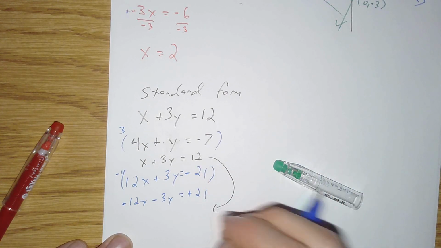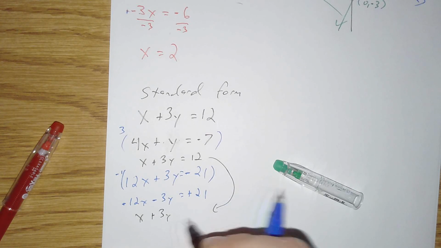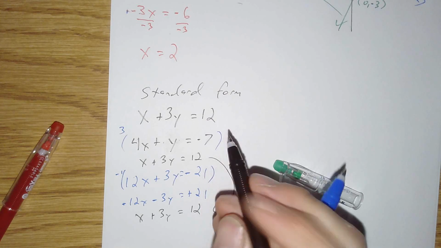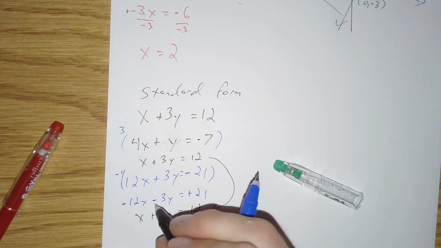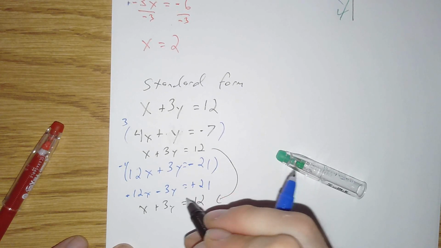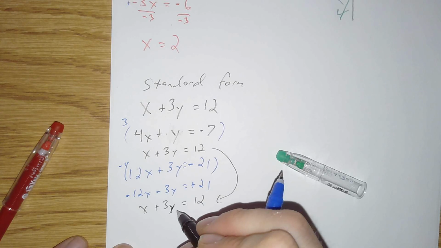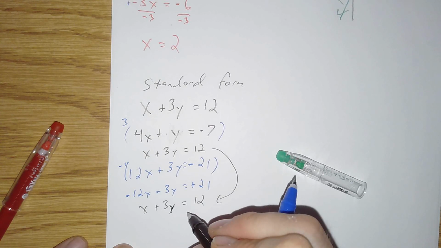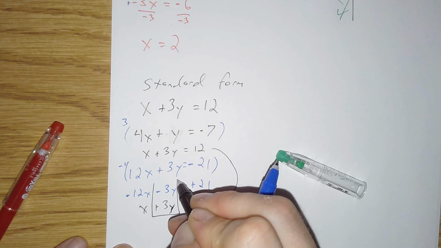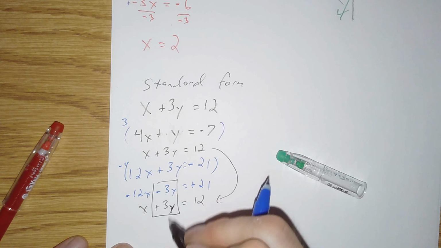Okay, so now I have this one. I'm going to bring it back down over here: x plus 3y equals 12. So now I am able to add these two together, because when I add two functions together, I get one of the points at which they intersect. Here I have the same coefficient but opposite, so those cancel each other out.